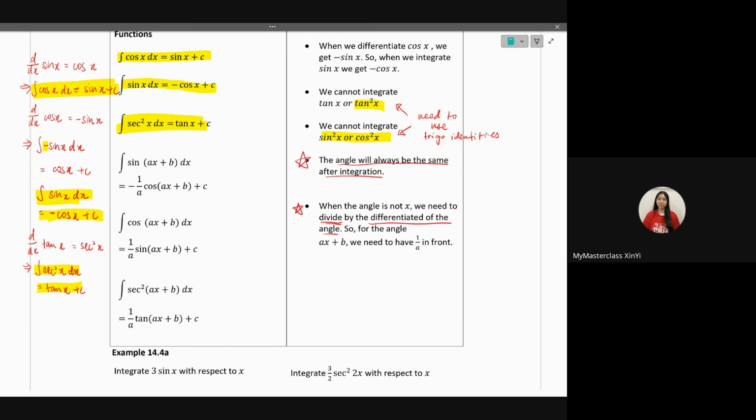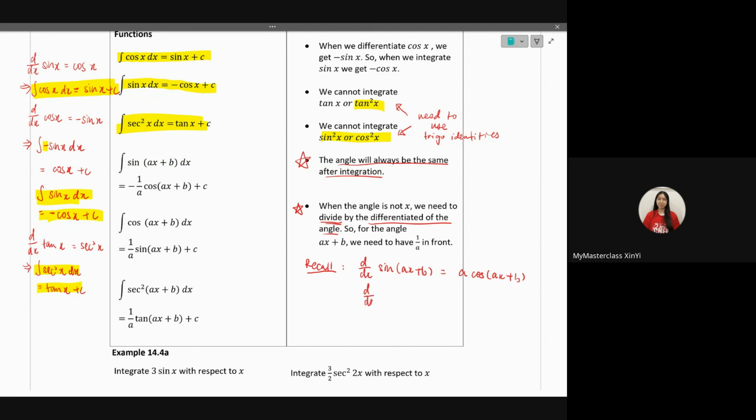Recall when I differentiate, say for example, sine ax plus b, I will get a times cosine ax plus b, where I multiply by the derivative of the angle. So the reverse is true for integration: I will divide by the derivative of the angle.